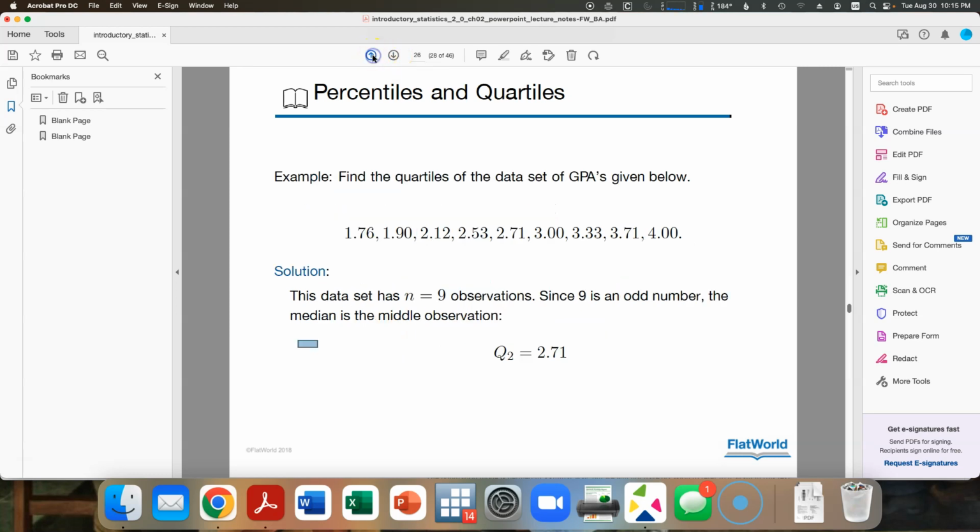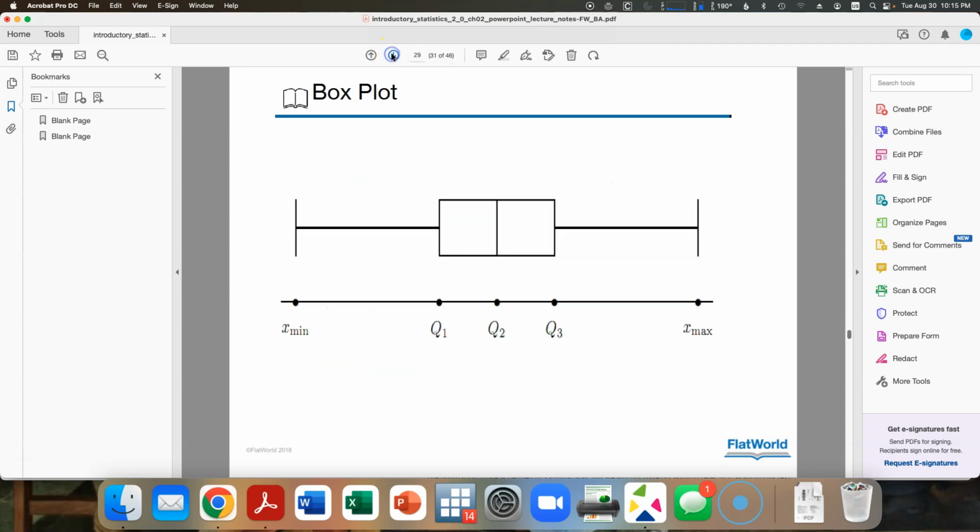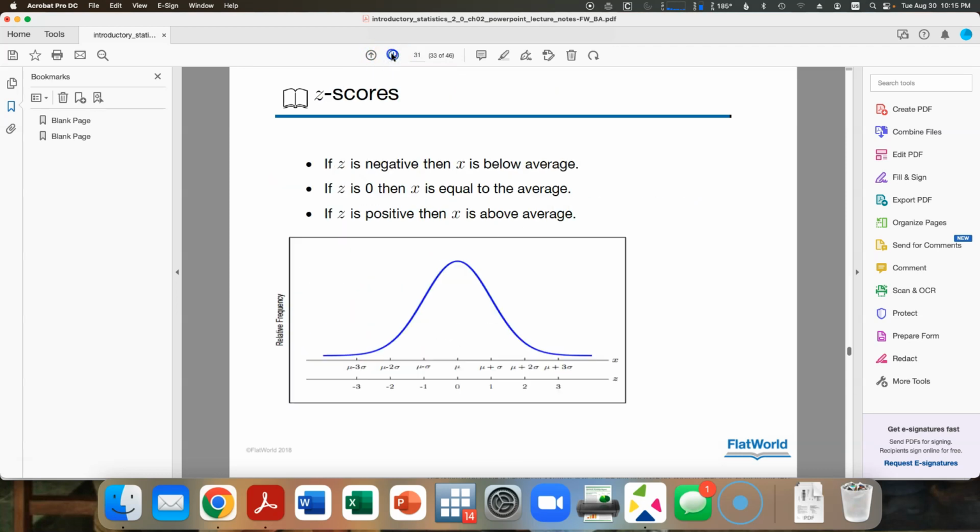Yeah, it is the same data. That's our median score. I guess we didn't find the mean actually yet. Did we?